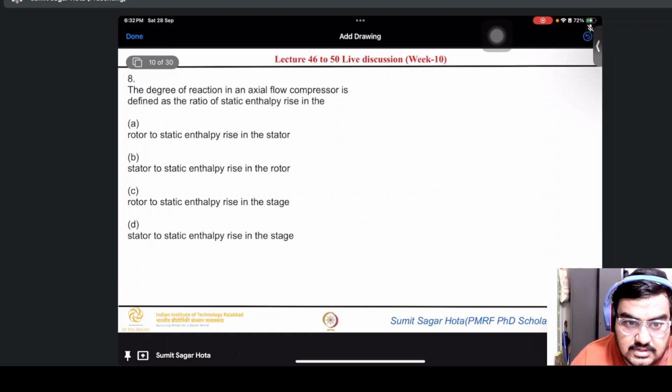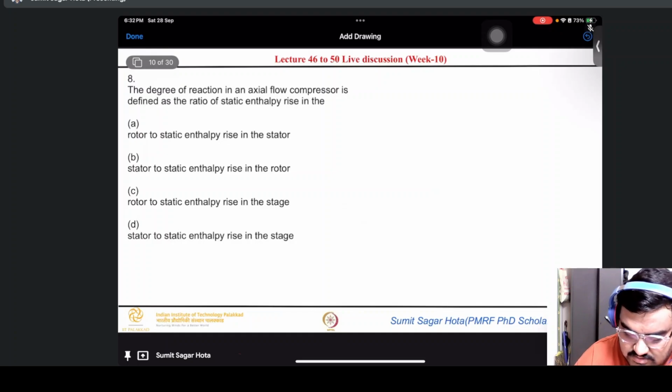The degree of reaction in an axial flow compressor is defined as the ratio of static enthalpy rise in the dash. The answer is C: rotor to static enthalpy rise in the stage.